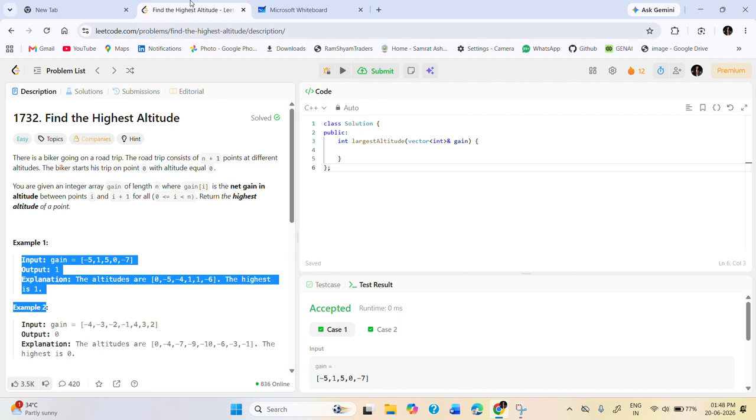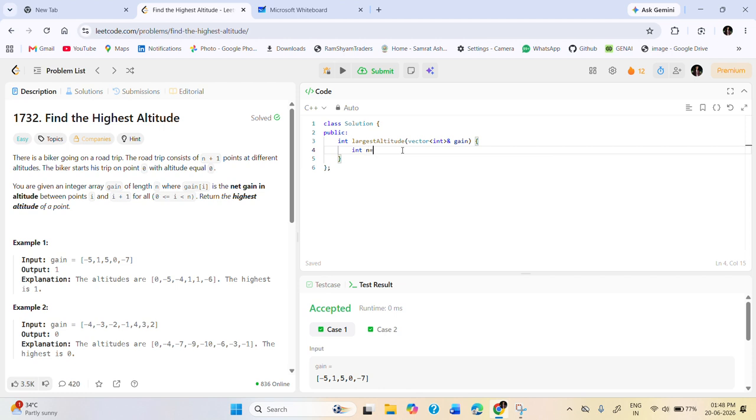So now we will write the code. We know the size of the gain array, net gain array. So total points will be n plus 1.